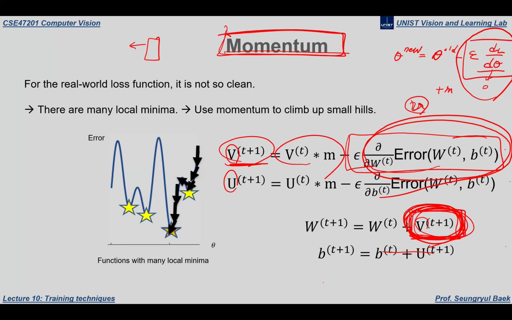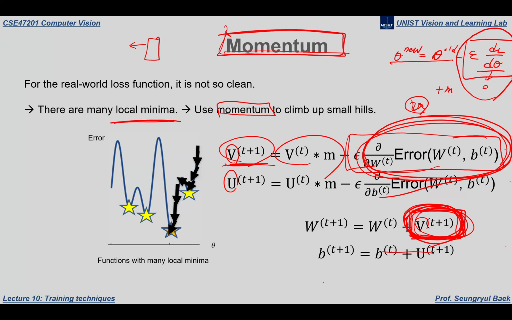They push the subject to go in the direction that it previously went. That is called momentum, and thanks to this momentum, they can avoid local minima. Previously, without momentum, if this dL/dW goes to zero, there's no way for the parameter to escape from that exact point.